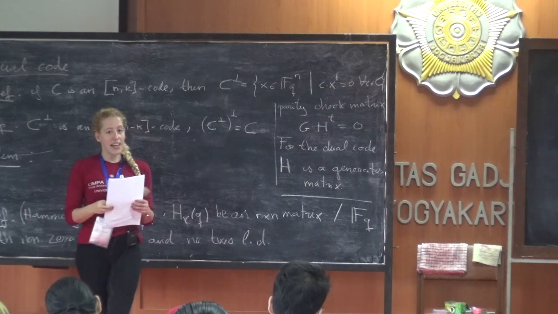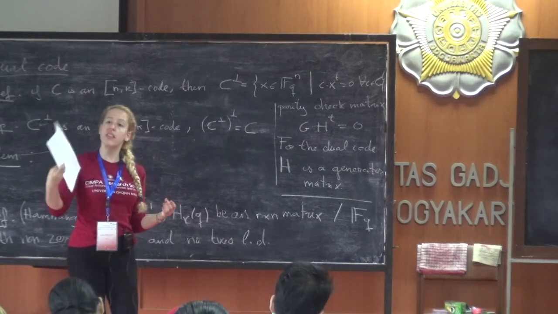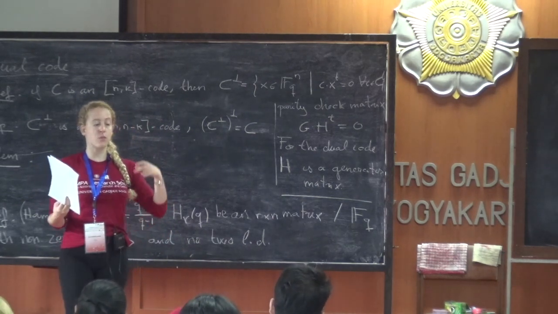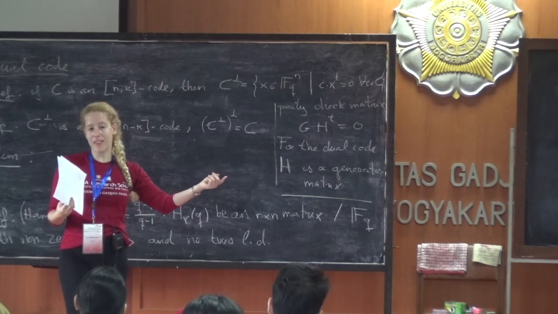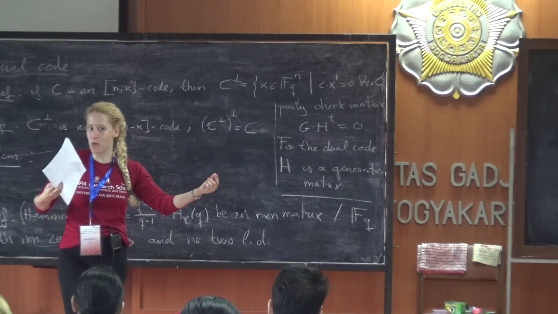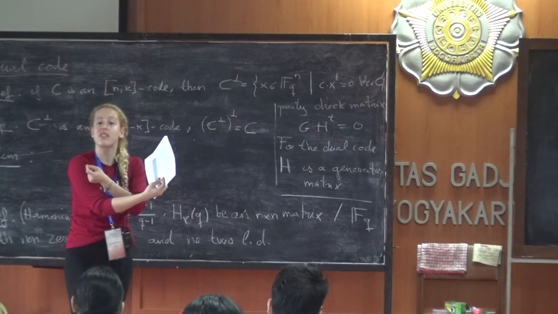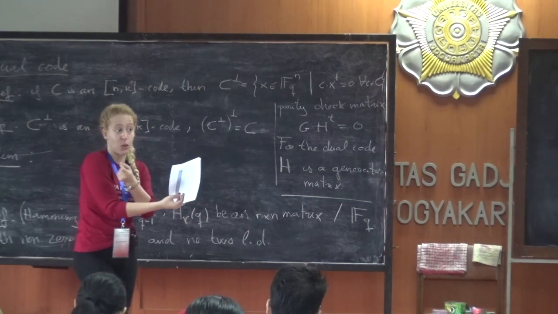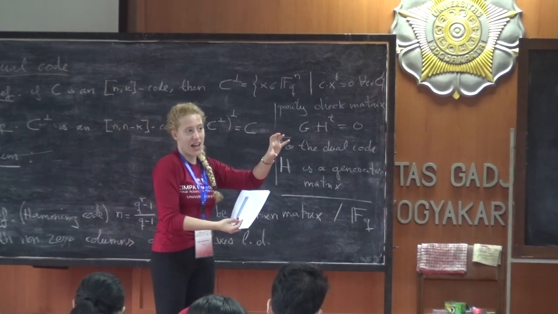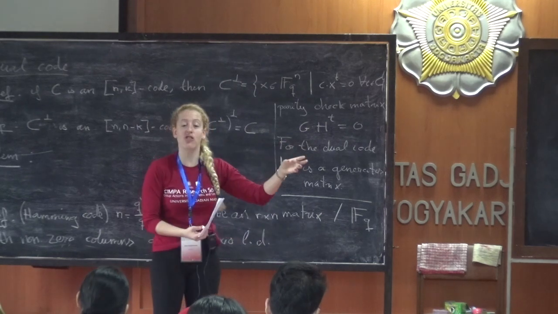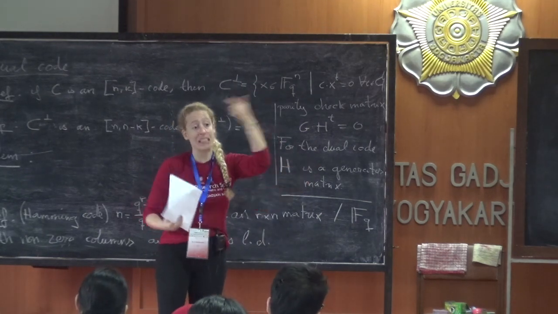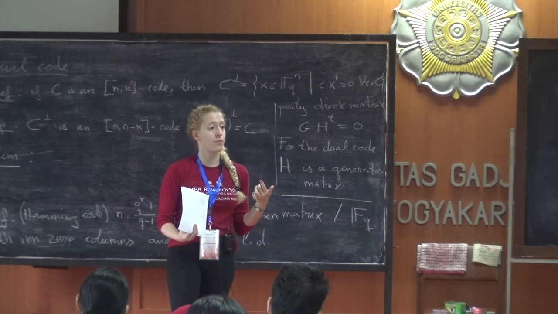Associated to a code, you have a generator matrix and a parity check matrix. You are defining a code for which you are switching both matrices. You take H as generator matrix, and we'll see now that as a consequence, G is going to be the parity check matrix.